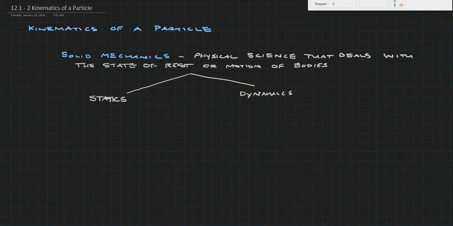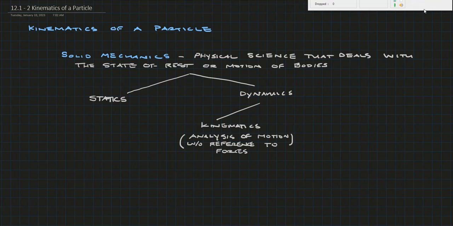In particular, we'll talk about kinematics, which is the analysis of motion without reference to any forces.